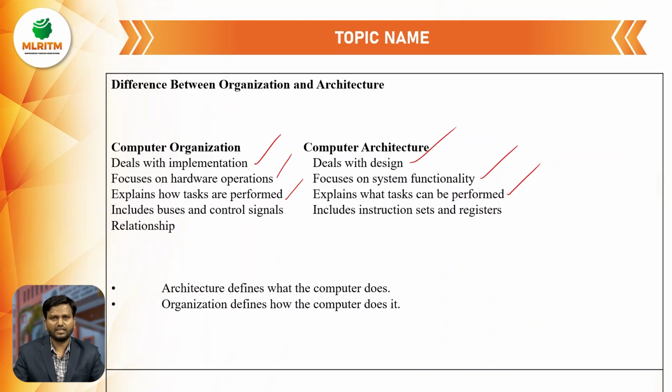The system software analyzes these pending tasks, communicates with the hardware, and all the operations will be performed. It includes buses and control signals relationship, instruction sets and registers. The architecture defines what the computer does, and organization defines how the computer does it.